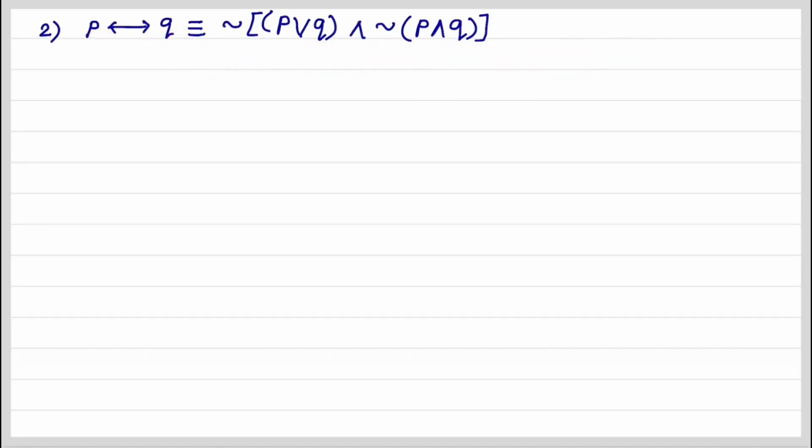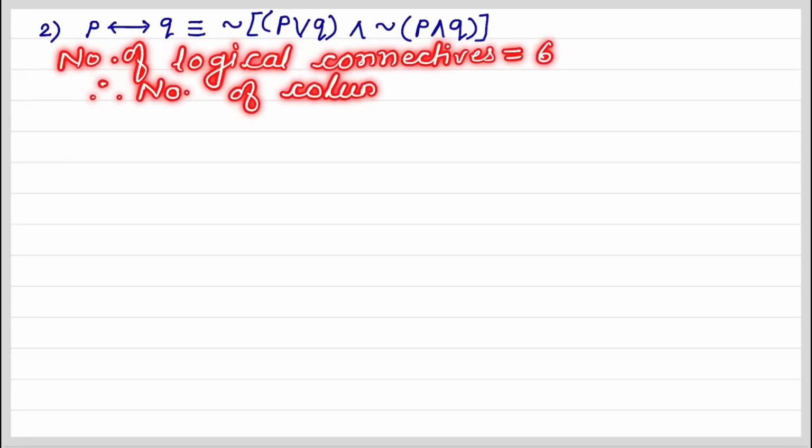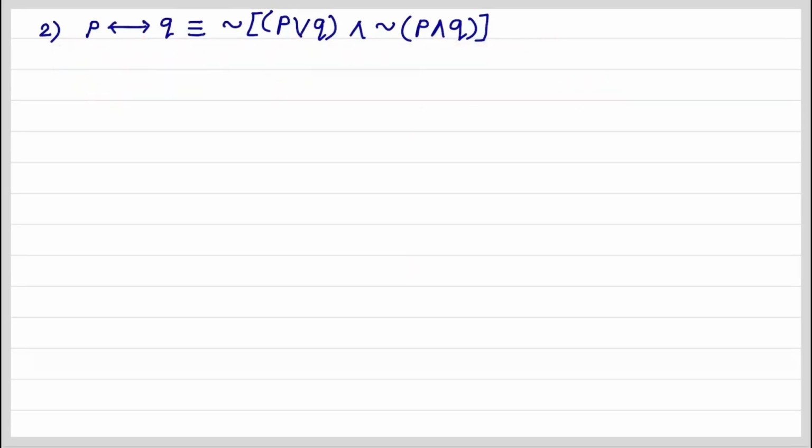And how many logical connectives? 1, 2, 3, 4, 5, 6. Number of logical connectives is equal to 6. Therefore, number of columns is equal to 2 plus 6 is equal to 8. We have to form a truth table with 4 rows and 8 columns.